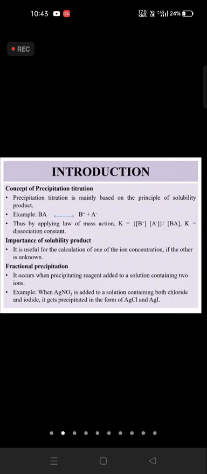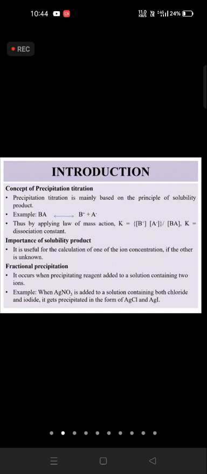K divided by Na plus. You know the value of K, you know the value of Na plus, and from there you will calculate the concentration of Cl minus. So this law of mass action helps to determine the unknown concentration of the ions present in the precipitating solution. Clear?